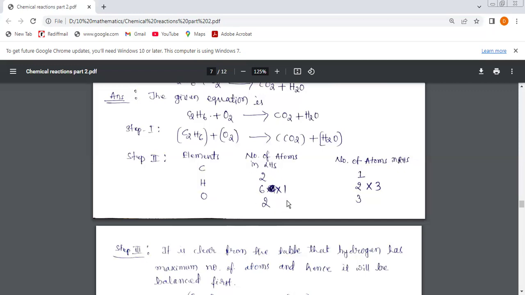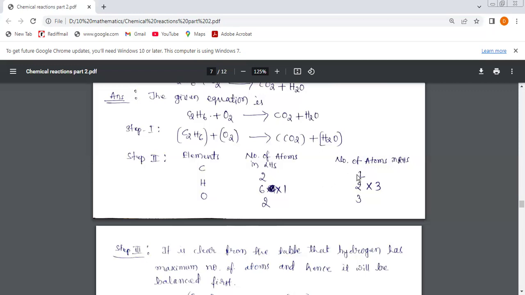This is on the reactant side. On the product side, only one carbon atom is there, and 2 hydrogen atoms are there, here H2. And look at this, multiplied by 3. I will explain what this is later.